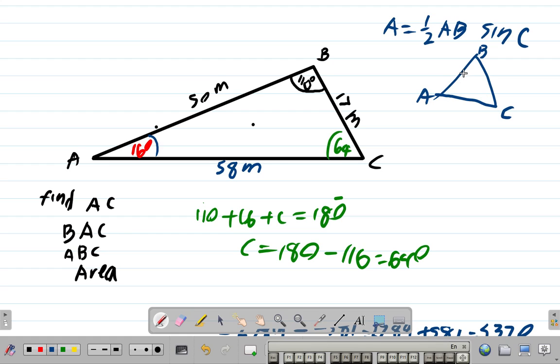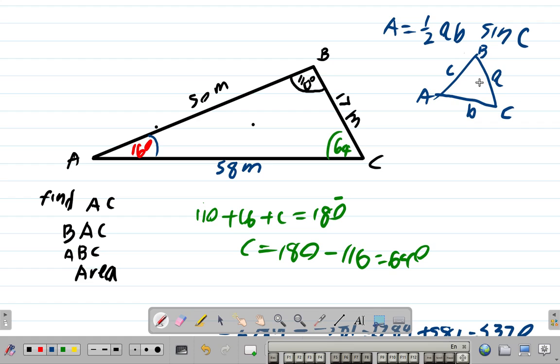That means you have a triangle ABC. What you have is half AB, times the sine, no, what did I write here? Wrong thing I wrote. This AB is supposed to be small a, small b. So if you have triangle ABC, this side is small c, this side is small a, this side is small b.